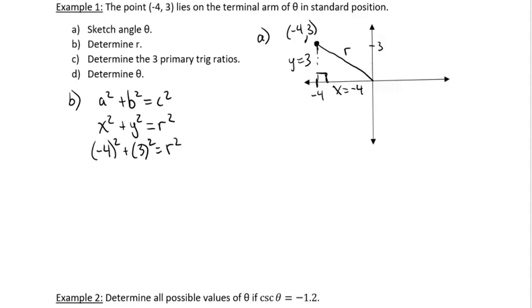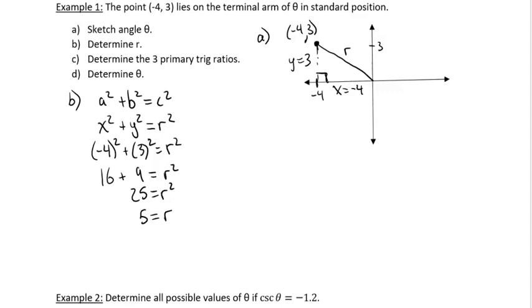So (-4) squared plus 3 squared equals r squared. This is 16 plus 9. That gives you r squared, which is 25. And so that tells you that r is the square root of 25, which is 5. Now, some of you might think, couldn't I take the positive and the negative square root of that? And you absolutely could.